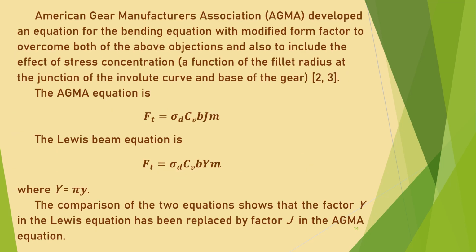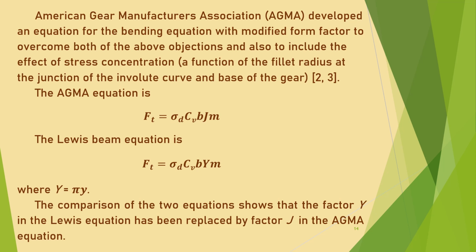The American Gear Manufacturers Association developed an equation for bending with a modified form factor to overcome both of the above objections and also to include the effect of stress concentration, which is a function of the fillet radius at the junction of the involute curve and base of the gear.